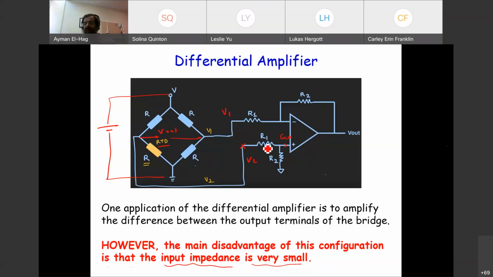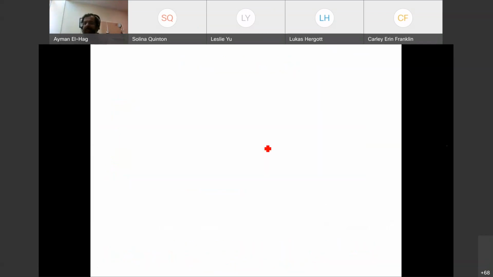So what if it consumes? Let me give you a simple example. Imagine that we have this simple circuit. I have a voltage supply, and this is Vs. This is your R1, and this is your R2.